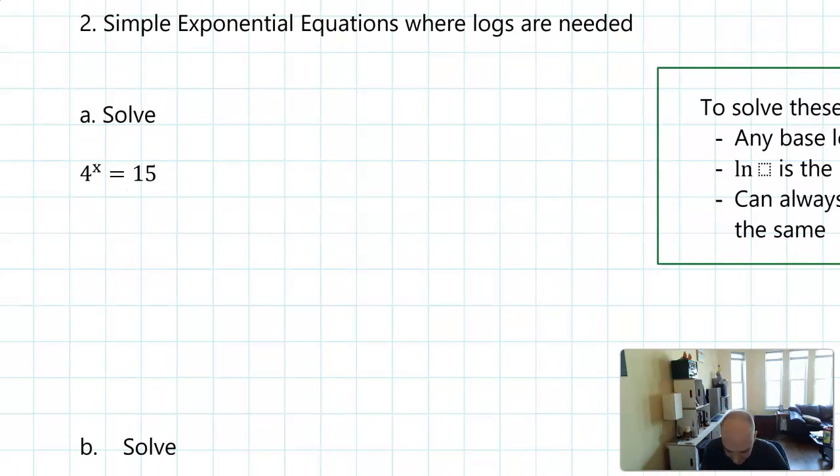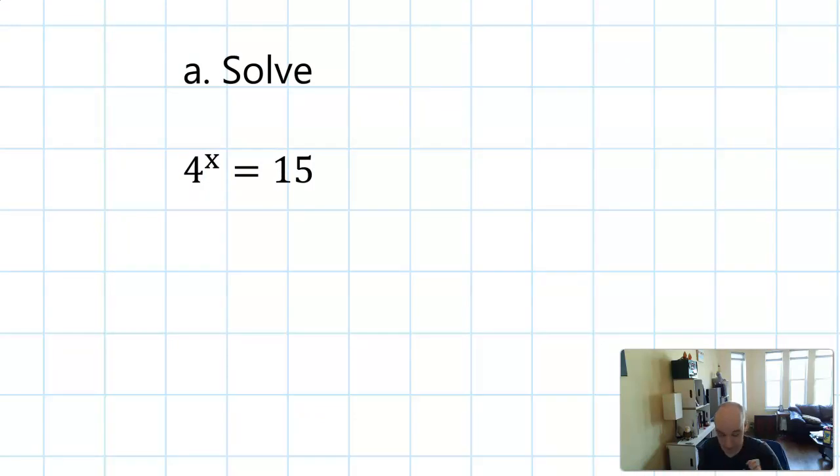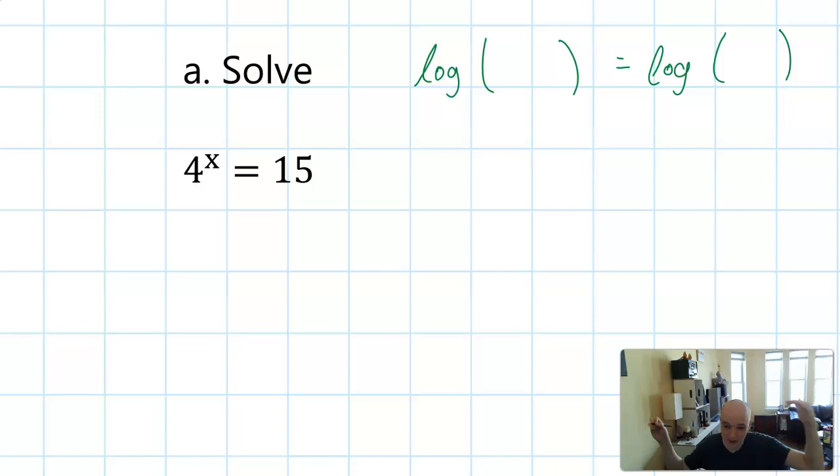Instead, we have a number of excellent methods. The method that I prefer is to take a logarithm of both sides. And because a logarithm is a one-to-one function, you can apply that function to both sides without changing the answer.